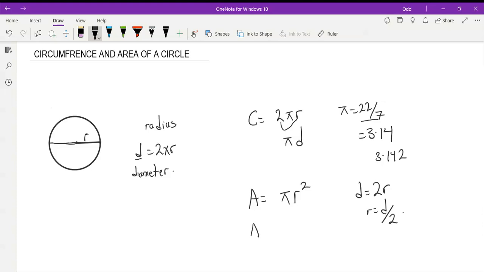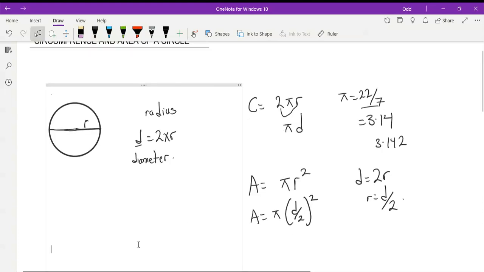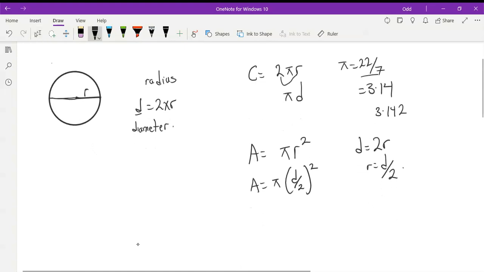So the area will be pi times d over 2, squared. If we open the bracket, that's pi d squared over 2 squared, which is pi d squared over 4. That's if you want to use the diameter, but you can just use pi r squared.